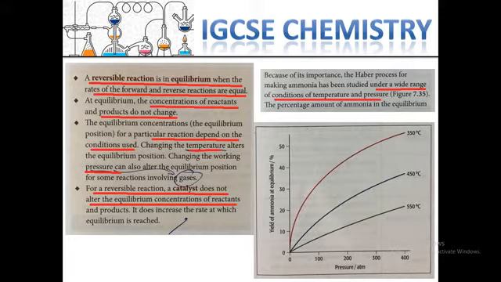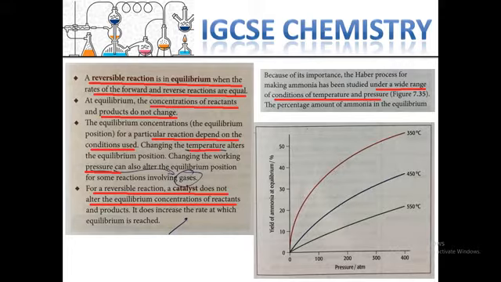The equilibrium concentrations for a particular reaction depend on the conditions used, like temperature and pressure. As you remember, I repeated many times that physical condition, at the same time and same condition. Physical conditions can be mainly divided into two parts, temperature and pressure. If we play with these two factors, we can change the behavior of the chemical reaction.